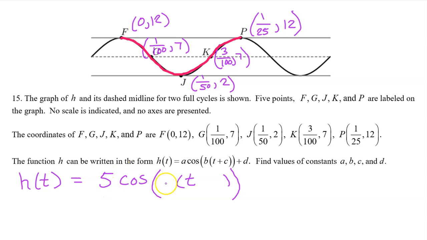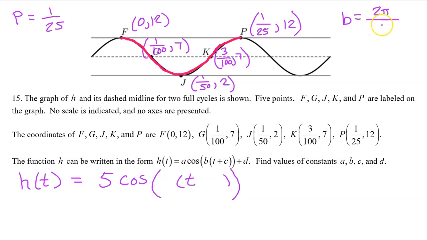To find the b value, I first must find the period. From peak to peak, the input values go from 0 to 1 over 25. So that means the period is simply 1 over 25. The b value is always going to be 2 pi divided by the period.